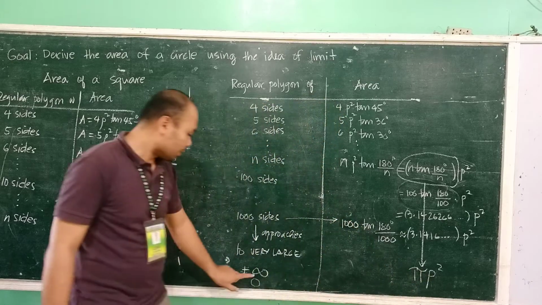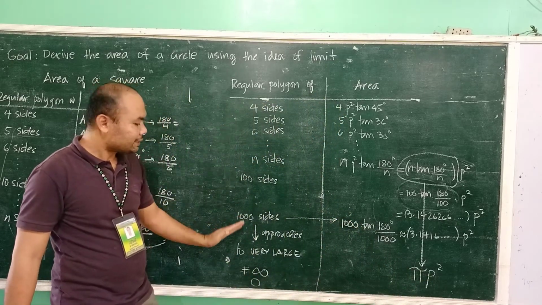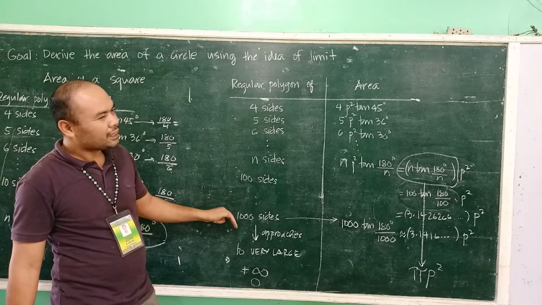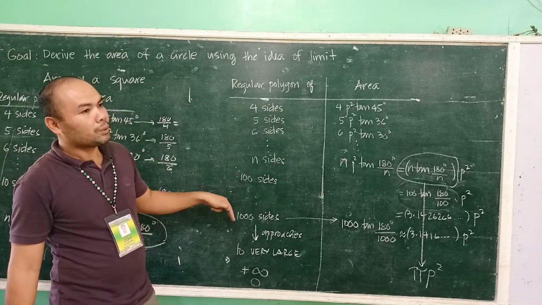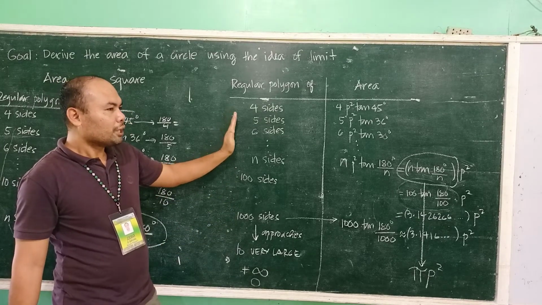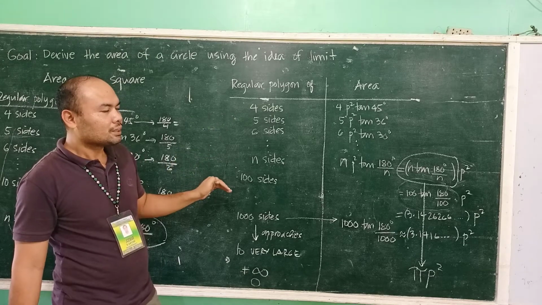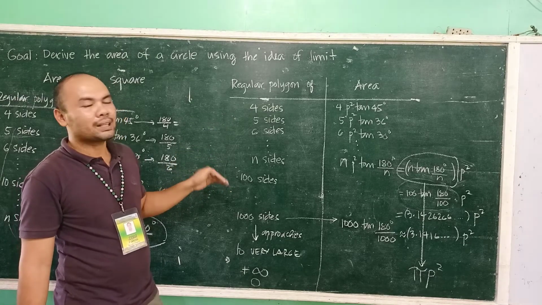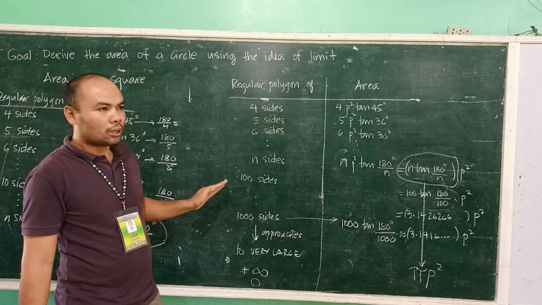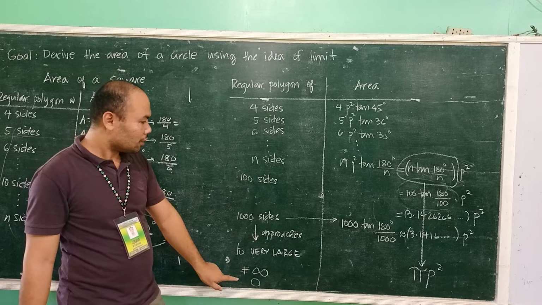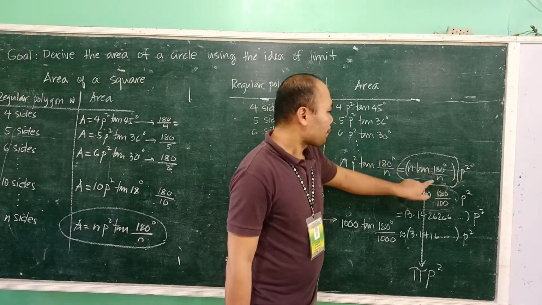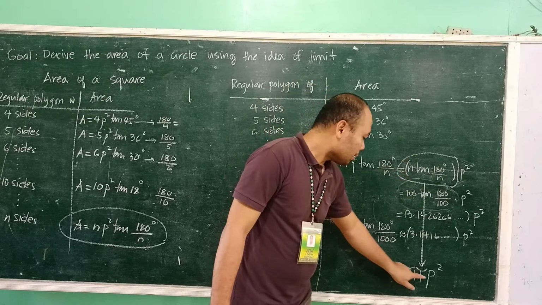This will happen when the number of sides is very large, that means the sides are increasing without bound. So if you have a polygon with infinitely many sides, you are not seeing a polygon anymore, but a circle. And because that is a circle, the area is not n times tangent 180 degrees over n times p squared, but will become pi p squared.